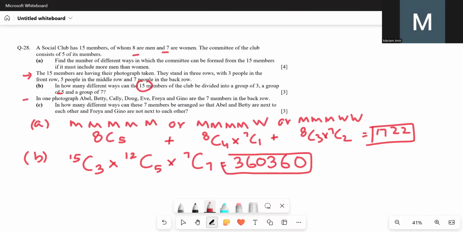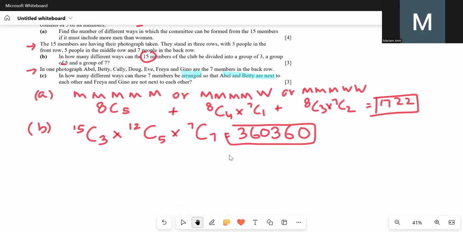Next is, in one photograph, Abel, Betty, Callie, Doe, Eve, Freya, and Gino are the 7 members in the back row. In how many different ways can these 7 members be arranged? So this is now an arrangement question, that is a permutation question. So that Abel and Betty are next to each other.